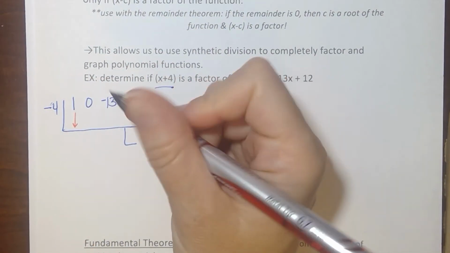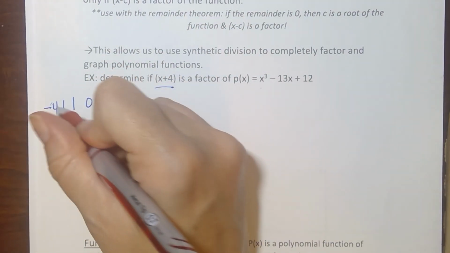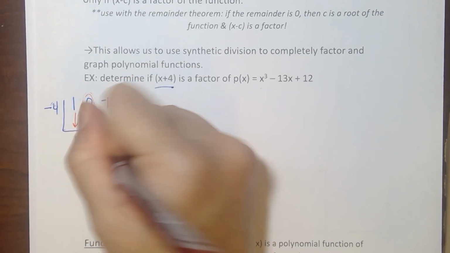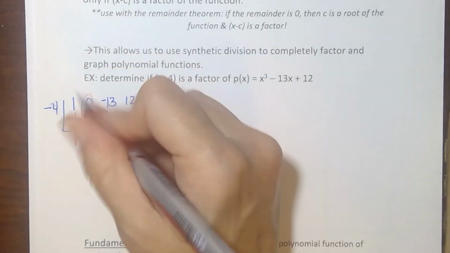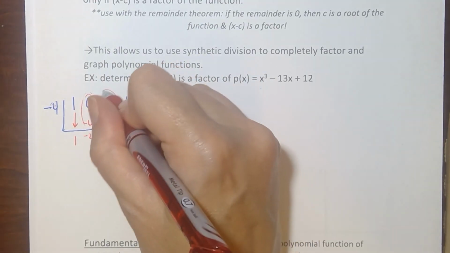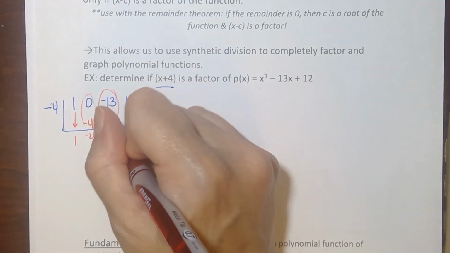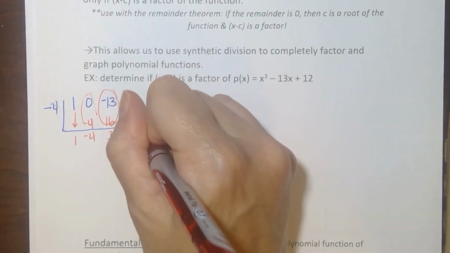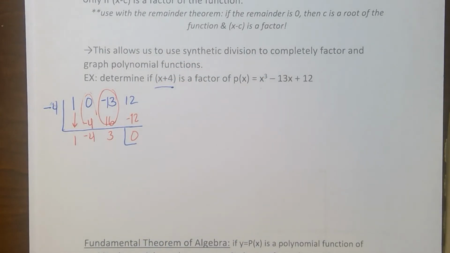Bring down the first number in synthetic division, multiply on the outside, add on the inside, multiply on the outside, that gives me a positive 16, add on the inside. Make sure you're watching your signs, that's going to make a huge difference. Multiply on the outside gives me a -12 for a remainder of 0 when I add on the inside.